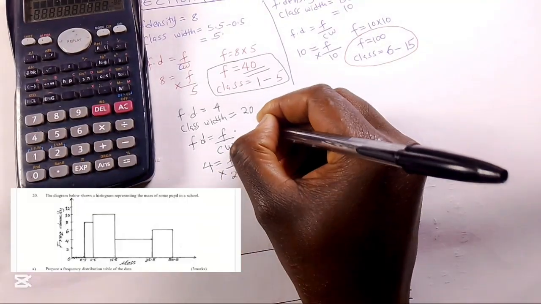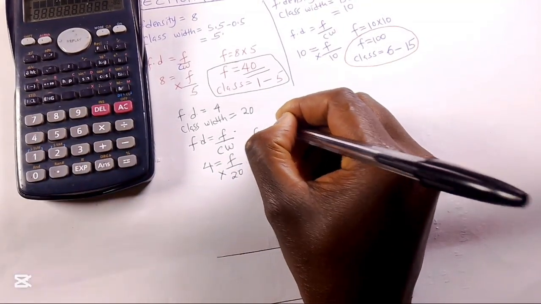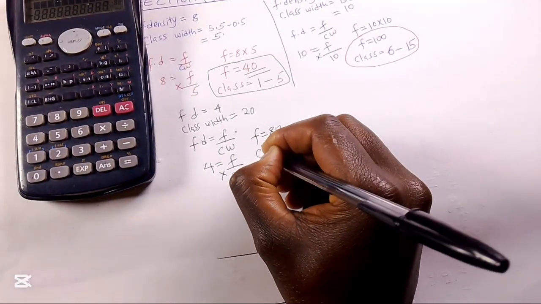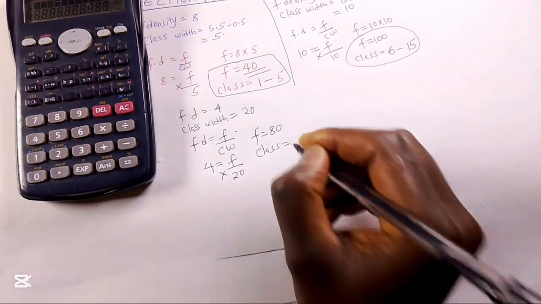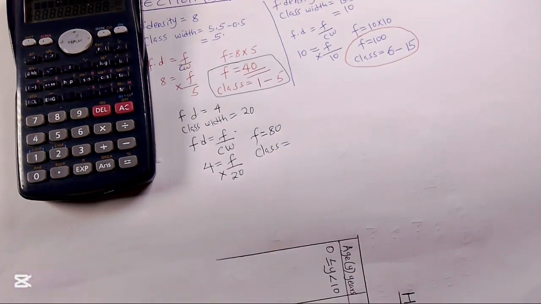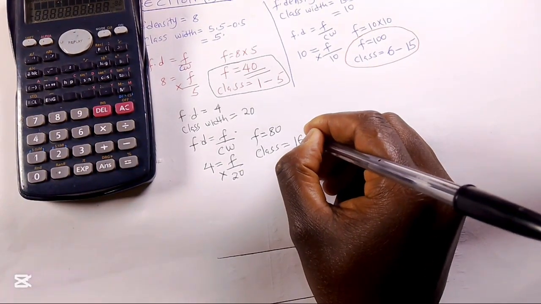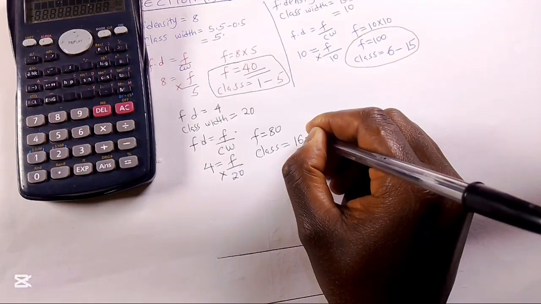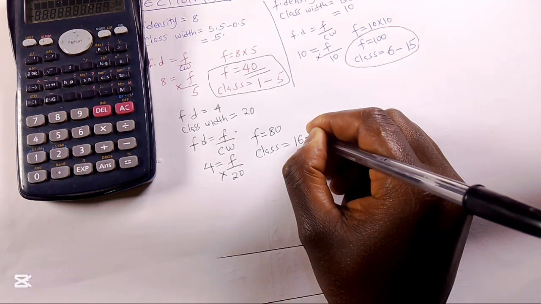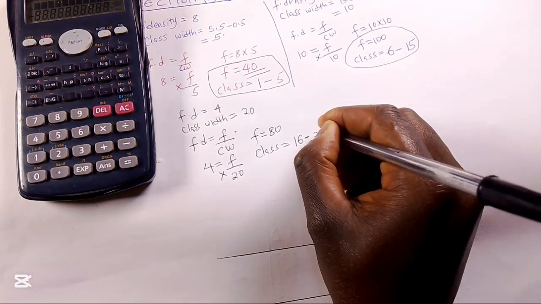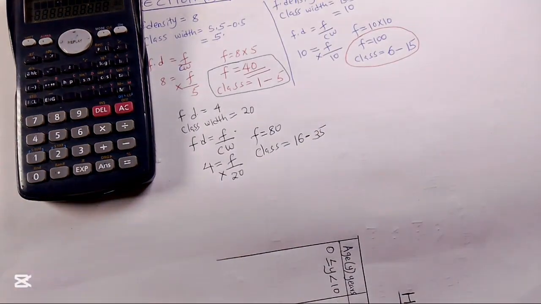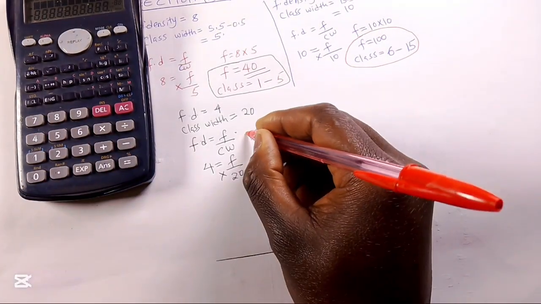We cross multiply and get our frequency equal to 80, and our class is from 16, the upper boundary being 15.5, to 35.5, which is the upper boundary, so normally it will be 35. So that is the frequency and the class.